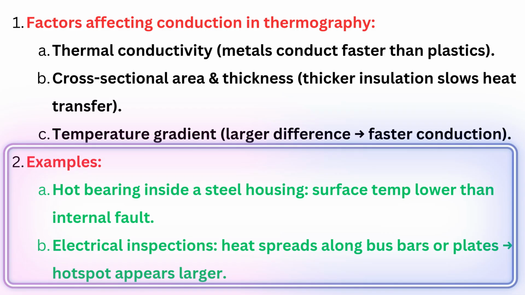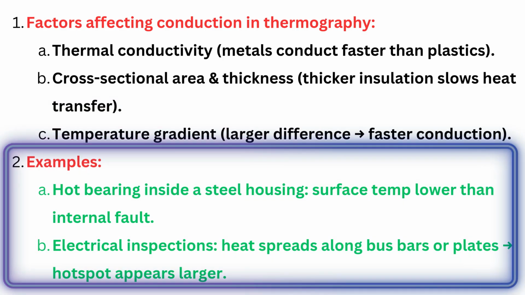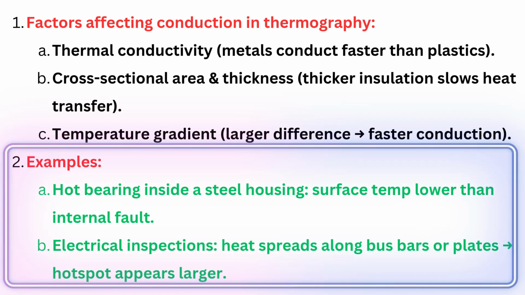Maybe the bearing inside that housing has a higher temperature than that, maybe 80, maybe 90. Because of the difference in thermal conductivity between the material of the housing and the bearing, there are chances that the heat transfer will be less. It can be that proper heat transfer is there, depending on the property of that metal, but there are higher chances that the heat radiating out of that housing is comparatively less than the actual temperature of that bearing.